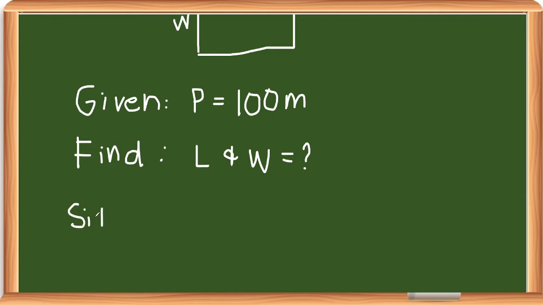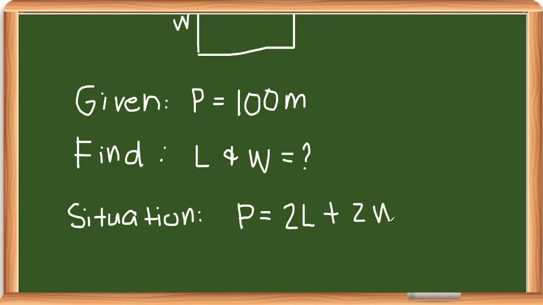Okay, so what's the situation here? Ang situation natin, the perimeter is equal to 100. And you all know that the formula of the perimeter of a rectangle is equal to 2L plus 2W. Okay.